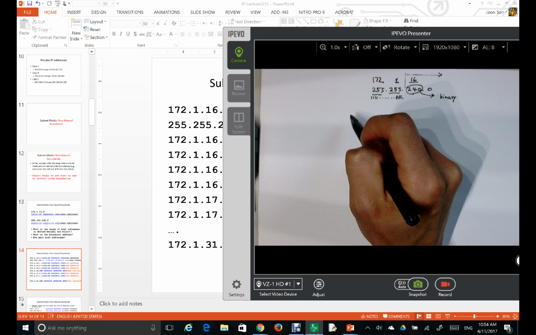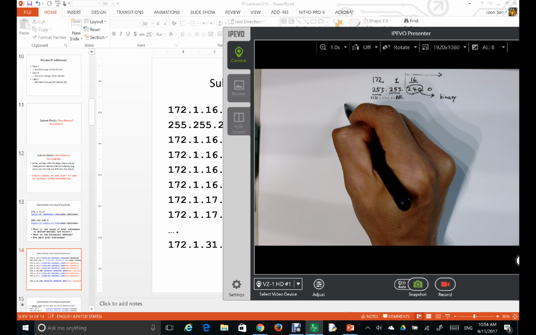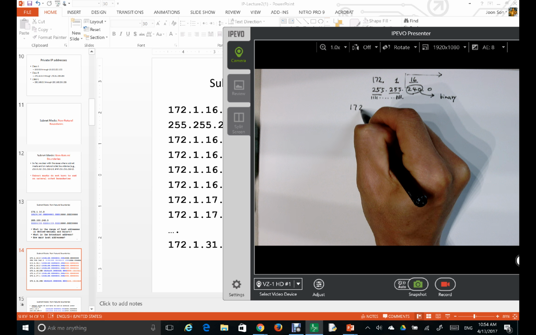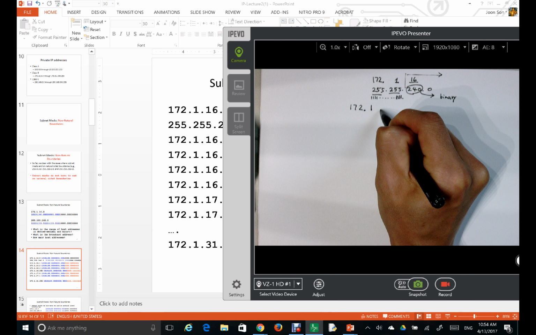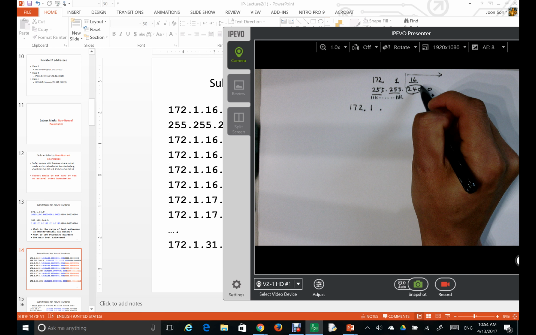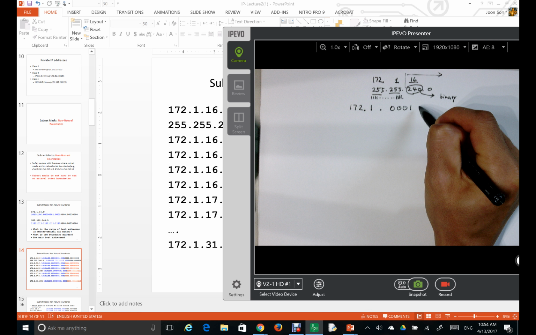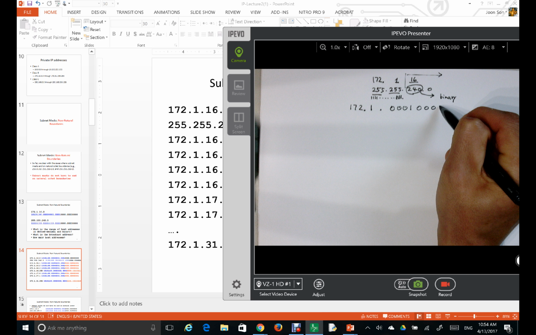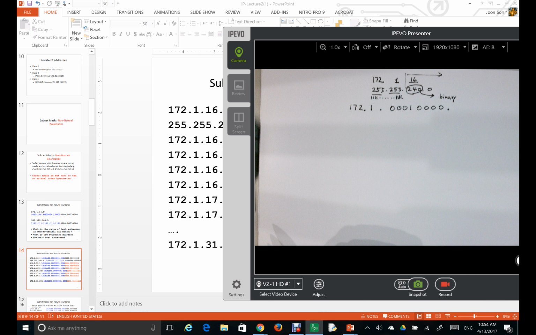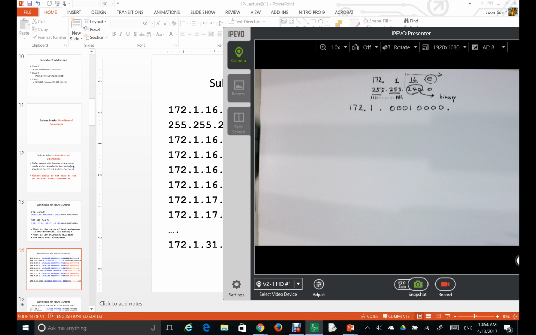So the example is, let's say, 172.1. Right? And the 16, if you convert 16 into binary form, it's going to be 0001 0000. That's 16. And then this is 0, right? So 1, 2, 3, 4, 5, 6, 7, 8.